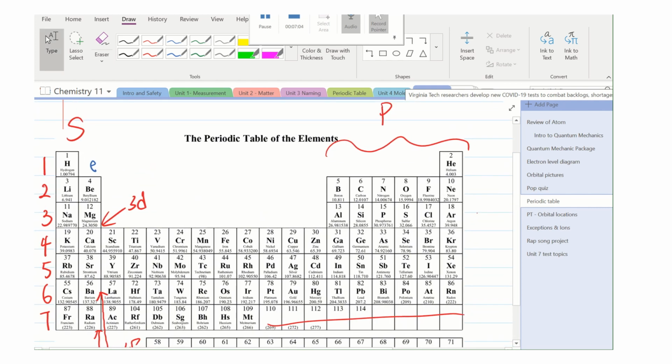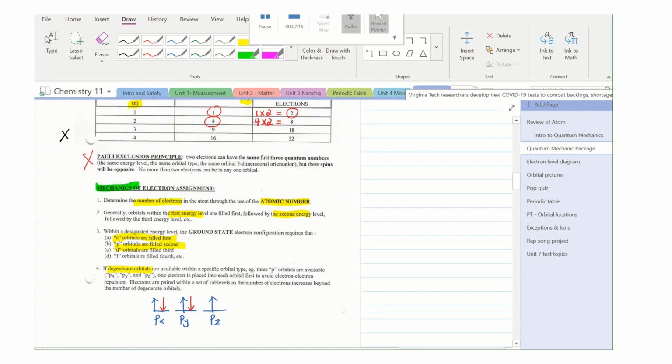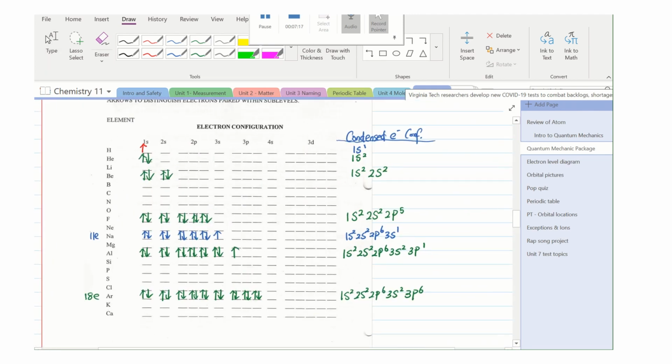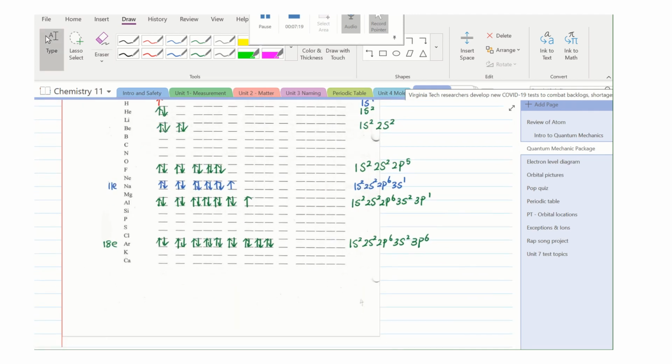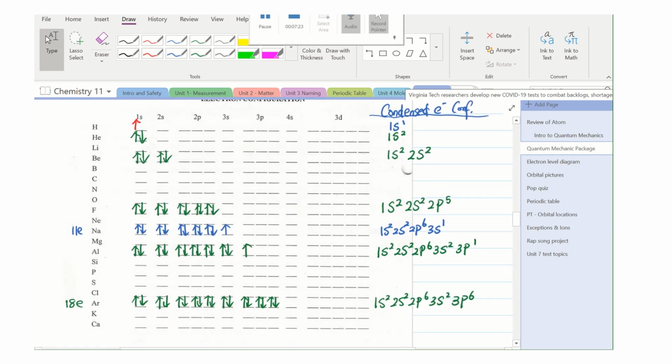I'm going to show you guys how you can do electron configuration really quickly just by looking at the periodic table. But I want to go back to your homework from last day, which is in this package here. We're not done, but we remember this on page 6, on page 4. You should have all these filled out, but I only did some of it.